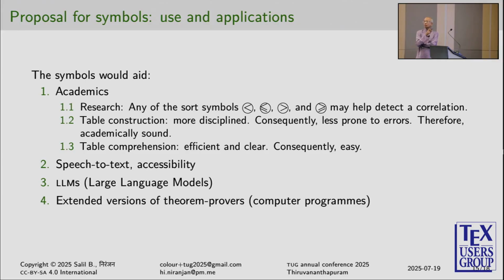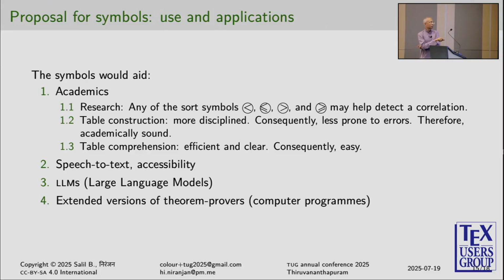If we follow the discipline that if an array is sorted, we say so explicitly with a symbol, and if it's not sorted, we say that explicitly too. Table comprehension becomes efficient and clear. You don't have to figure out whether a row or column is sorted. The author would tell you by putting the symbols there.